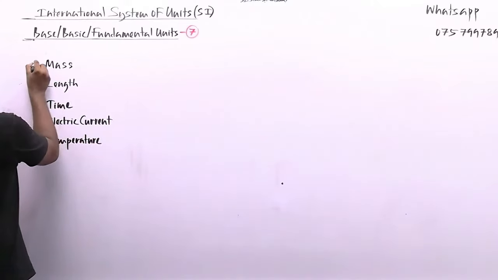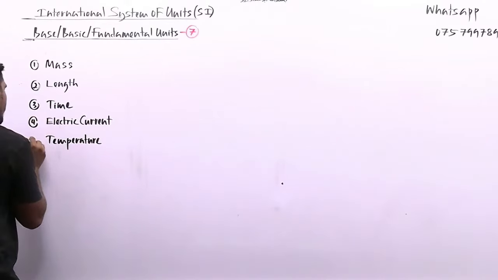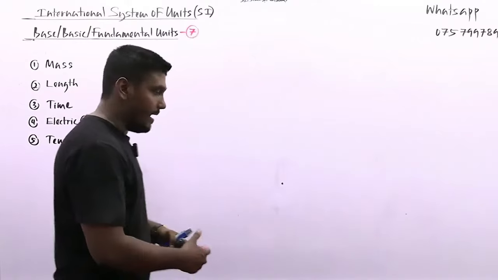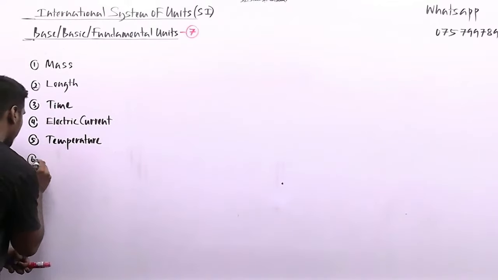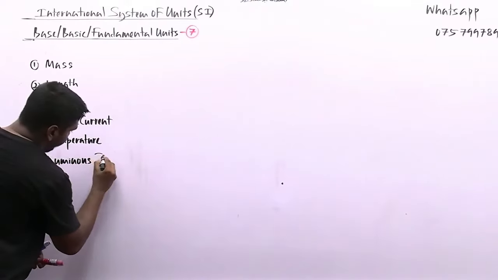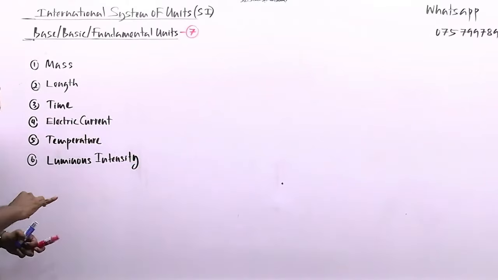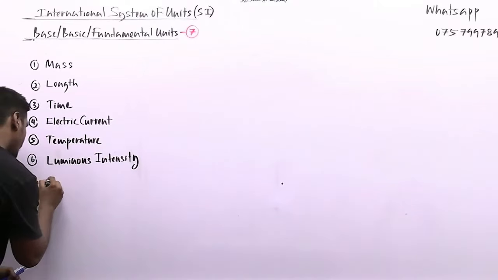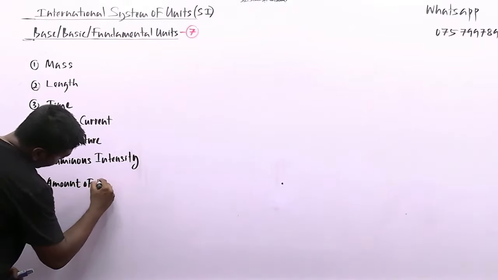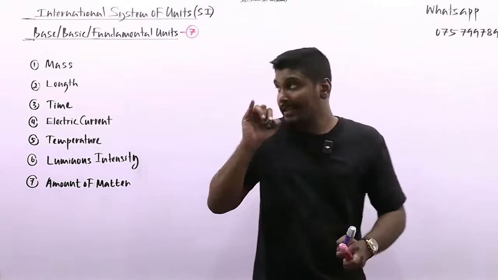Then number 6, luminous intensity. Number 7, remember, that is the amount of matter. Okay. So these are the 7 basic physical quantities.